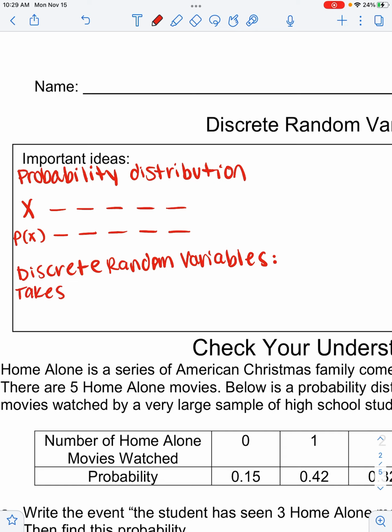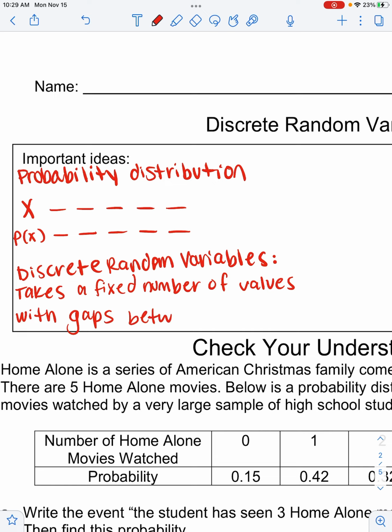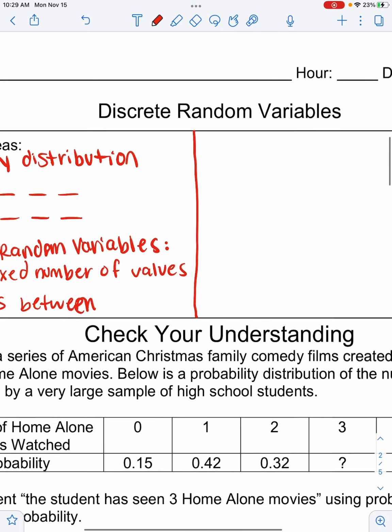It says takes a fixed number of values, which means that you can't have any value you want, right? It's only of these fixed set of numbers. And these values occur with gaps between them, right? So like 1 to 2 to 3 to 4, there's gaps in between those whole numbers. We're not including all of the little decimals.